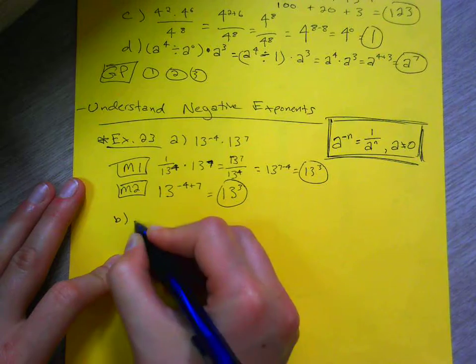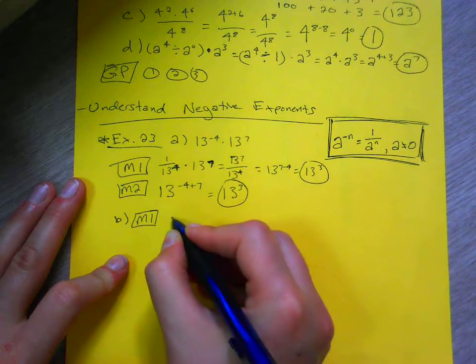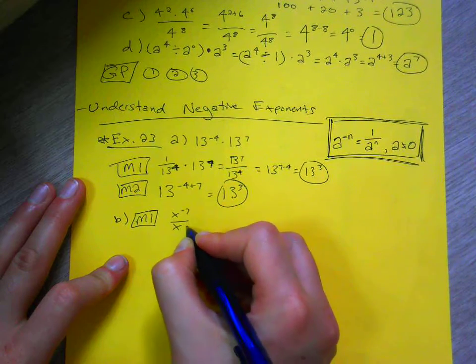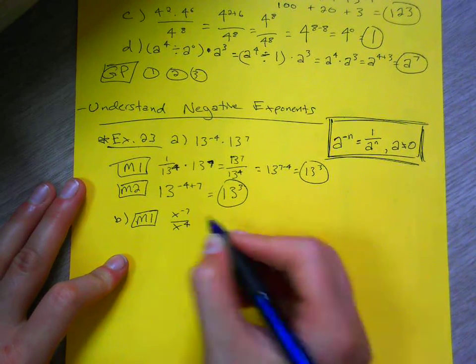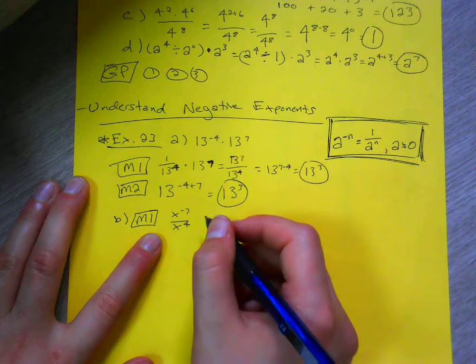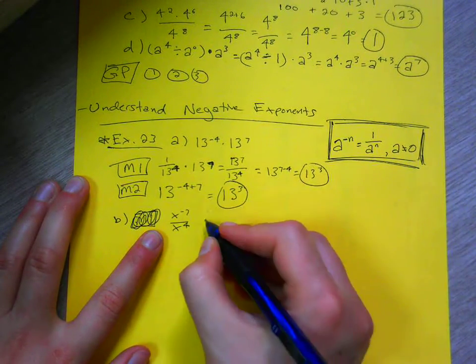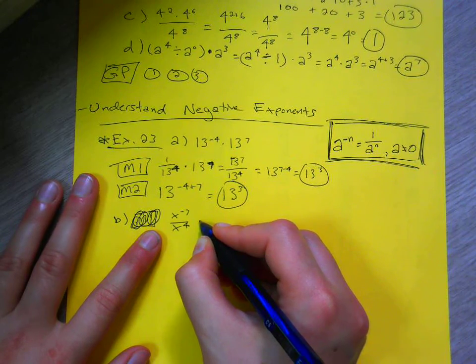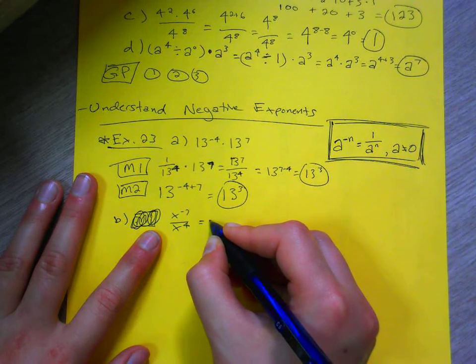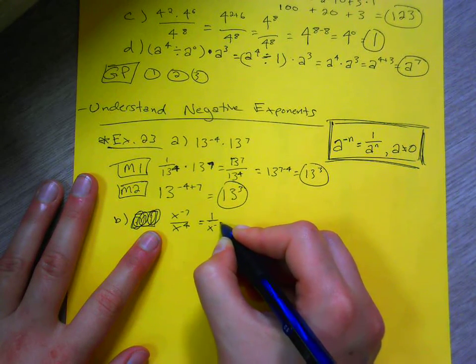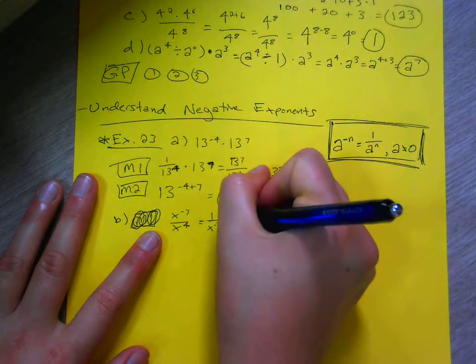Method 1, x to the negative 7 over x to the 4. It's given to us in this one already, so actually we don't have to use both methods because it's already like this. So we are just going to say 1 over x to the negative 7, or 1 over x to the 7, sorry, times 1 over x to the 4.